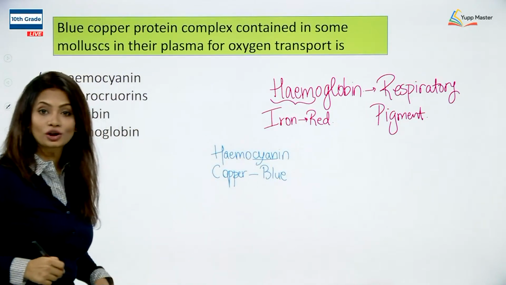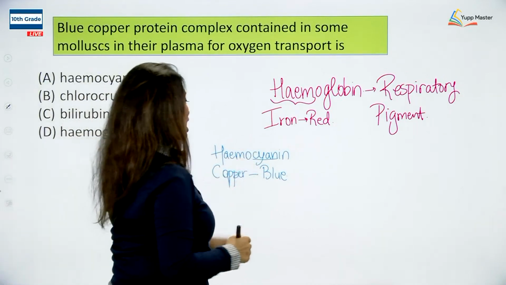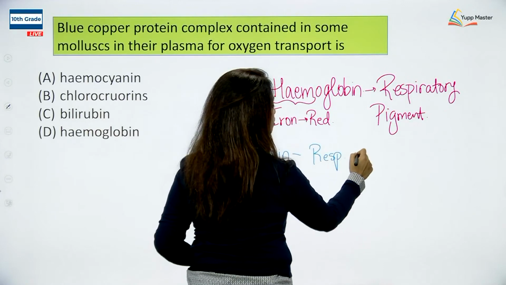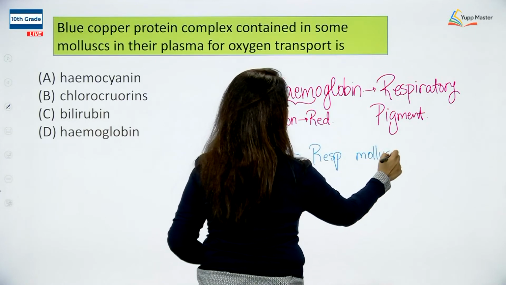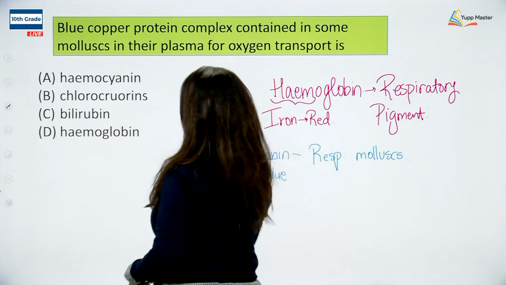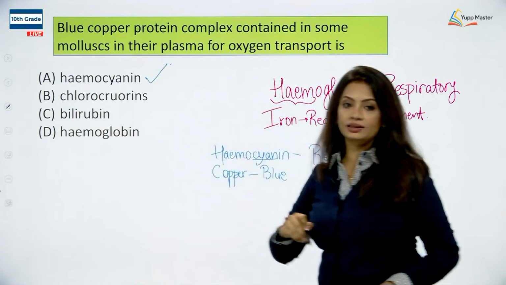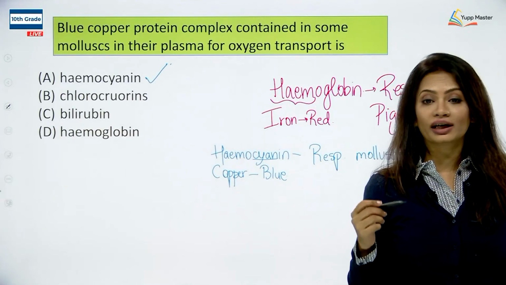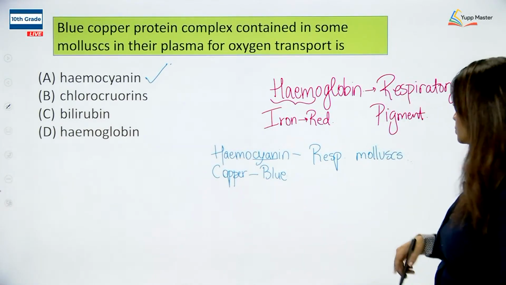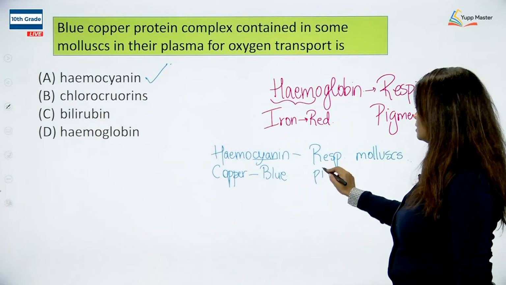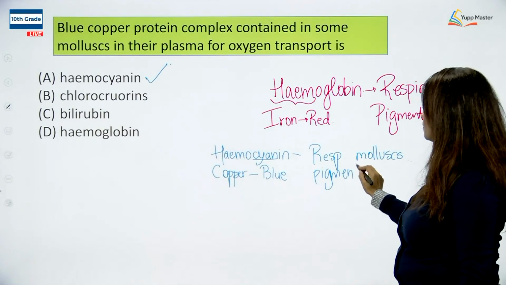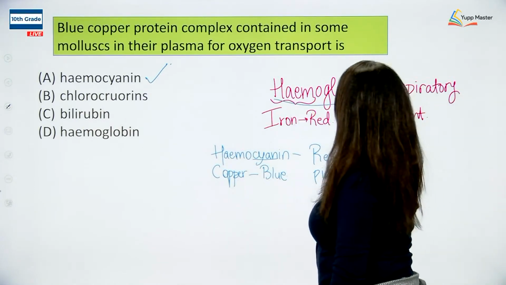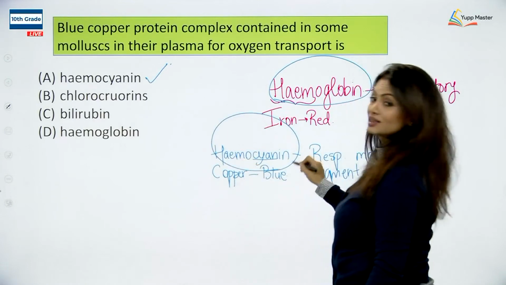Remember back to your colors, cyan means blue, and these are the respiratory pigments in molluscs. So here hemocyanin would be the correct answer. Blue copper protein complex contained in some molluscs in their plasma for oxygen transport. So again, even this is a respiratory pigment. So now you know the names of 2 respiratory pigments. Which are they? First you know hemoglobin, and second you know hemocyanin.